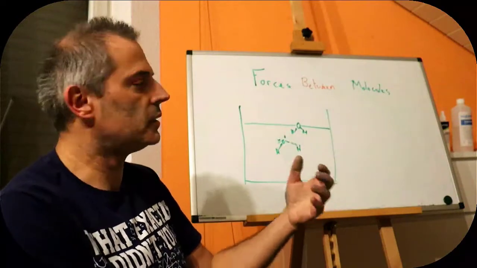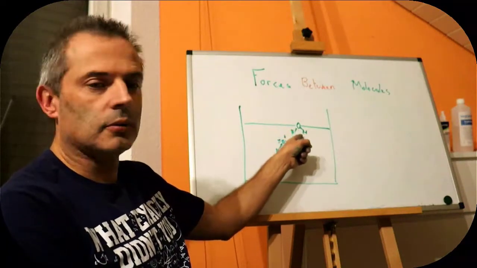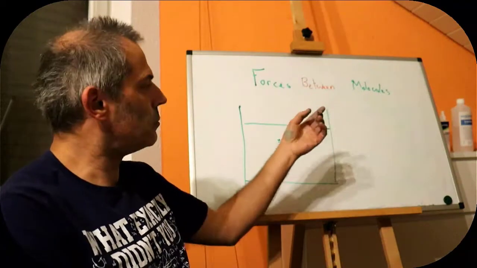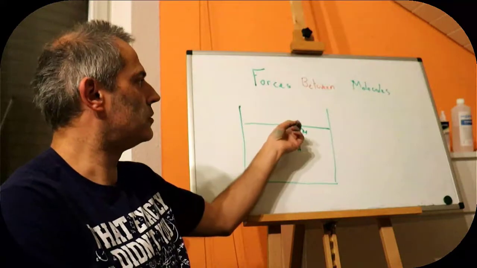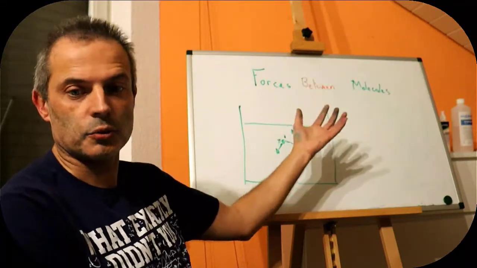That's why they're a liquid, and that's good. But then we come to our surface molecules, and they are missing half of their world. Half of the atoms are air or space.